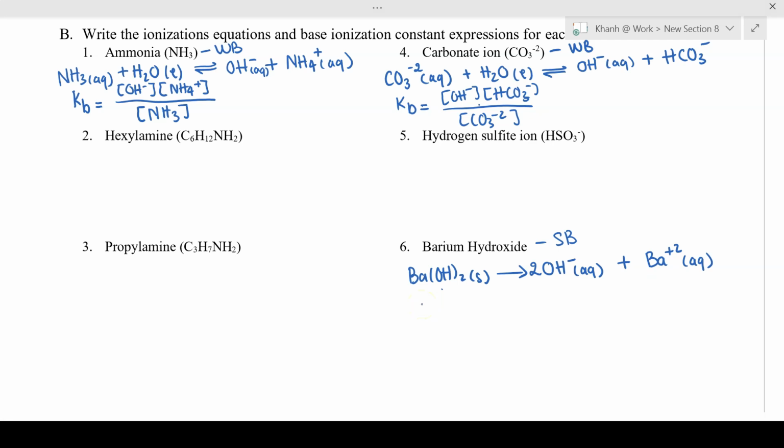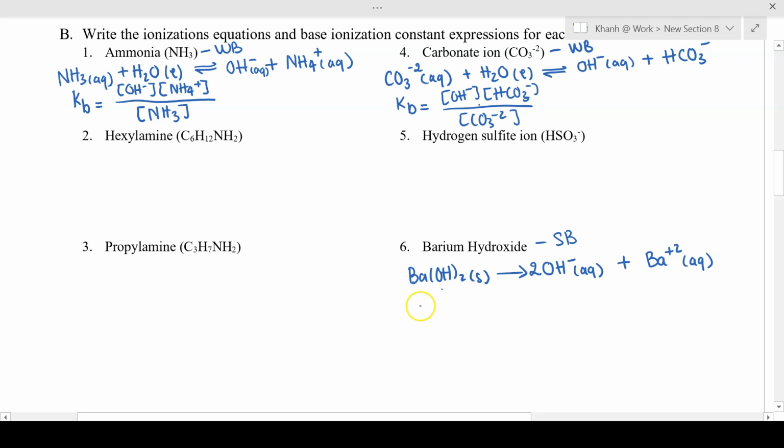Now, what about Kb? Well, Kb is actually not applicable to strong bases because there's a different equilibrium constant for this kind of reaction, but we are not going to cover that in this module, so you don't have to worry about it.